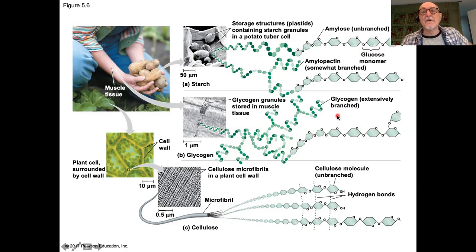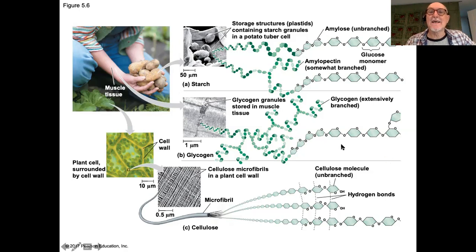Now, there is a very, very similar substance in animals. It is not starch, though. It is called glycogen, and that is our chief storage product for intermediate energy storage. Our long-term storage is fats and lipids, but our chief intermediate storage product is glycogen.